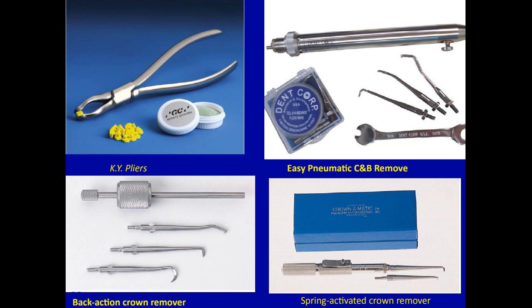This is a plier, this is a pneumatic crown and bridge remover, this is the conventional back action crown remover, and this is a spring activated crown remover. But the safest technique to remove a permanently cemented crown or FPD is the sectioning technique. Why? To save the abutment teeth.